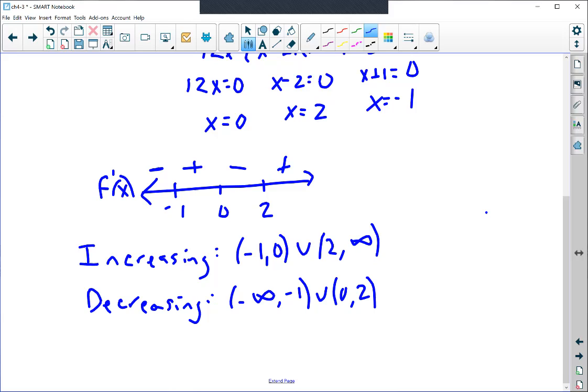And so just make sure that you're aware of that. For instance, square root can't be increasing or decreasing from -infinity to 0 because it's undefined when we have negative values. So again, be aware of that.